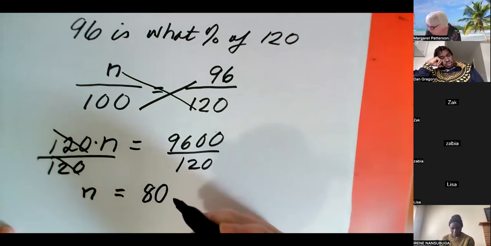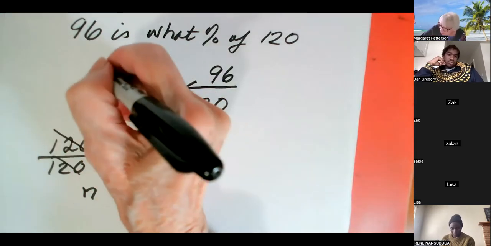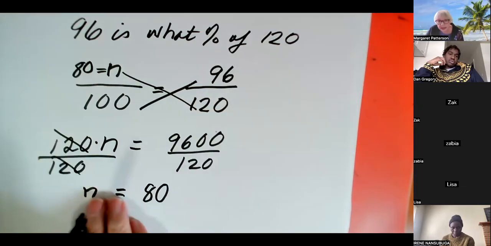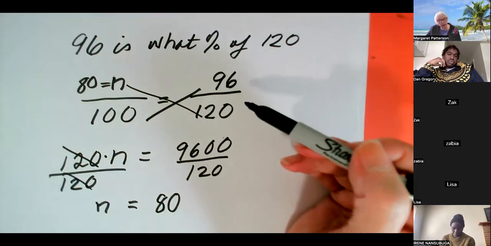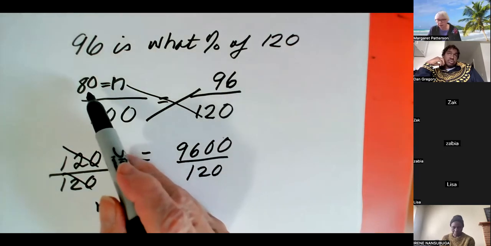It's 8 times. So this number right here is 80. So if a person got 96 right out of 120, their grade is 80%.